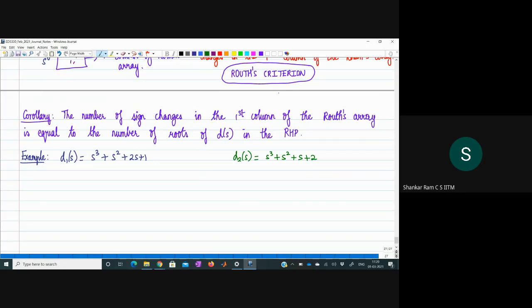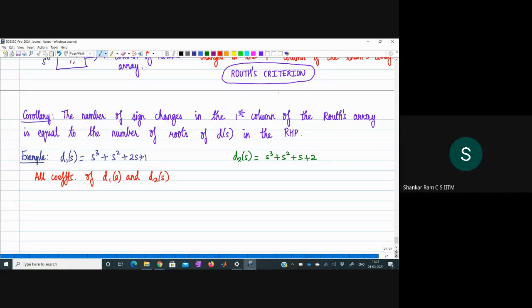Very good. So now, do you think the necessary condition is satisfied? What is the necessary condition? All coefficients must be non-zero and of the same sign. Do you think that is satisfied? Yes. Correct.